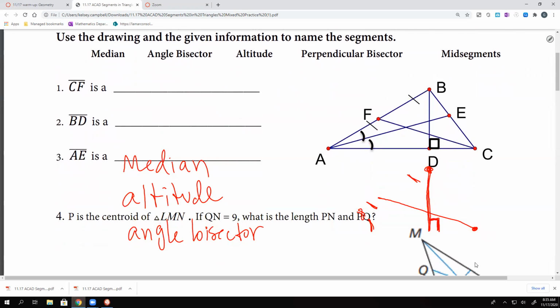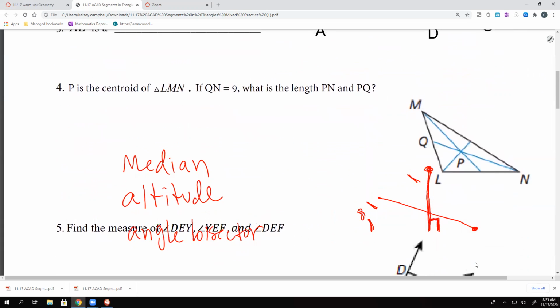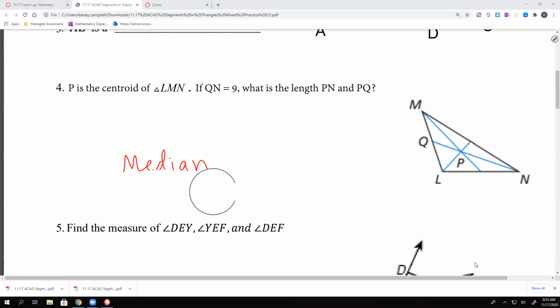All right. Now let's go on here to number 4. This is like what we did yesterday. So y'all talk through these with me, okay? Because this is like a review for our test. So number 4, it says P is the centroid of triangle LMN.